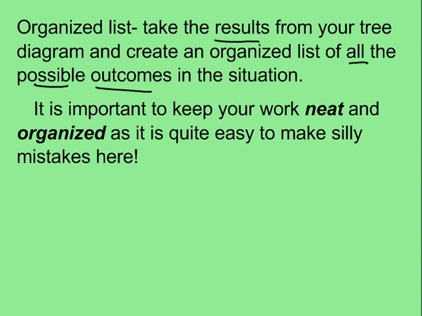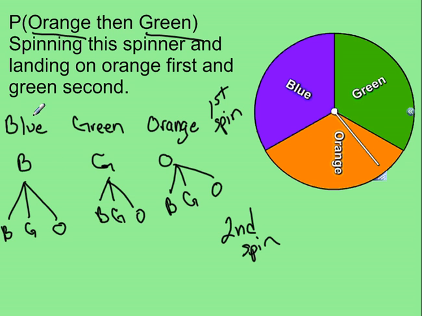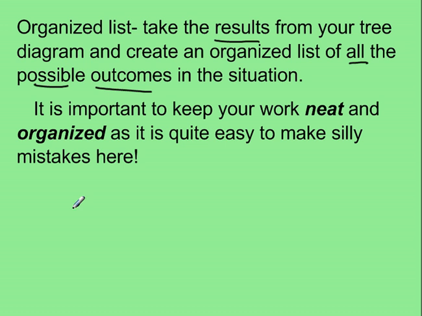So if I'm making my list, let's start with my blue for my first spin. I can do blue on the first spin, blue on the second spin. I can do blue and then green, or I can do blue and then orange. So for my organized list, I'm going to do this: blue and then blue, blue and then green, blue and then orange.